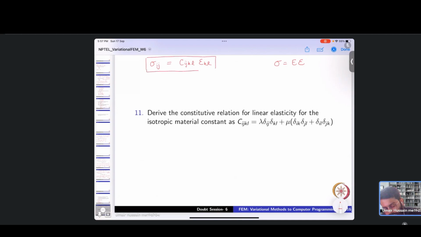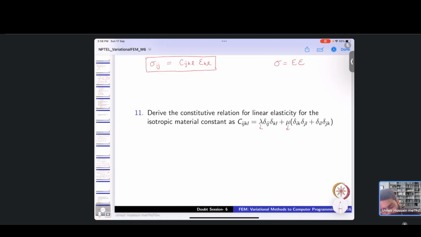So Cijkl is the complete set of all material properties. Since it's a fourth order tensor, there will be about 81 constants to define this. But because of different symmetries and applying the isotropic case, we are reduced to just two parameters, lambda and mu.